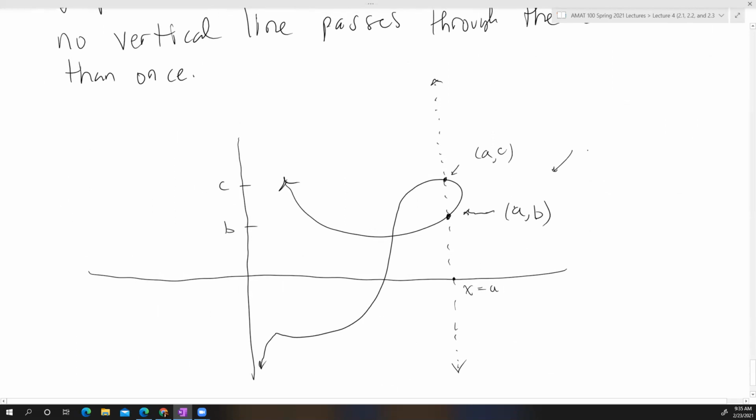What's important here to get this contradiction is that the vertical line intersects at 2 different points. And for that to be the case, we have to have that B does not equal C, okay?